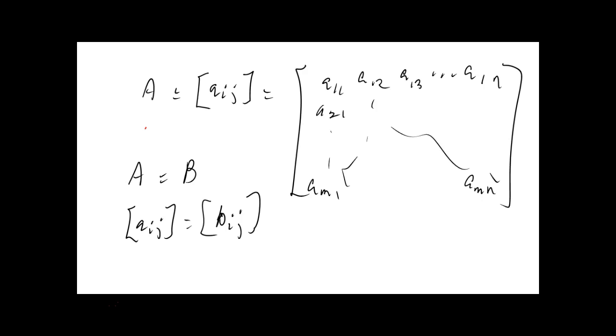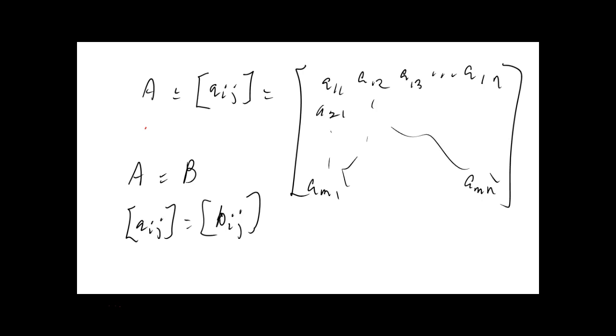A317 has got to equal B317. In other words, you have the same bingo cards. So that's what we mean. As long as the i's and the j's are the same, they've got to be the same size, and the corresponding entries have to be exactly the same.